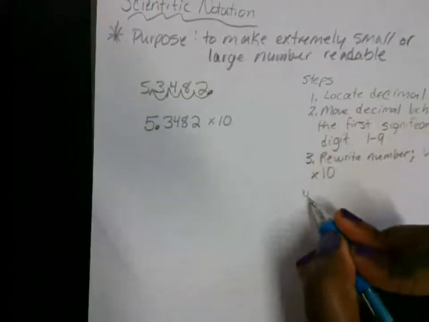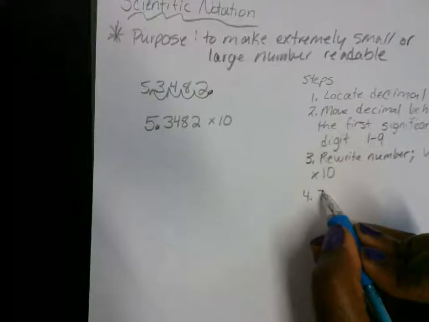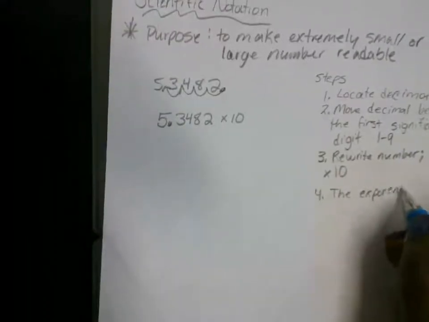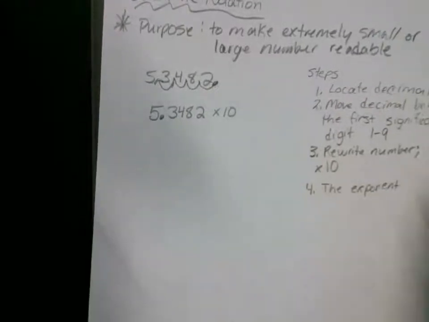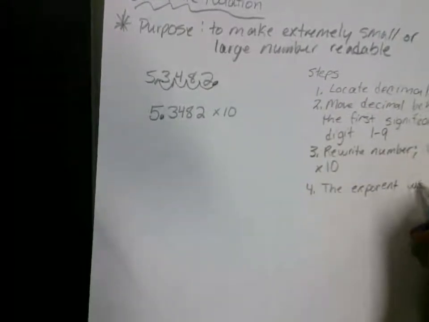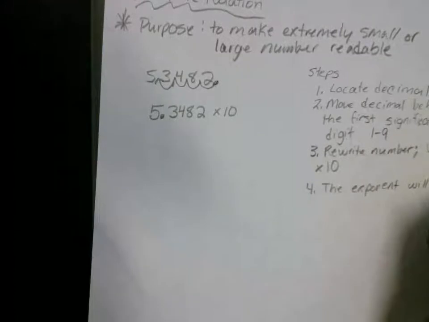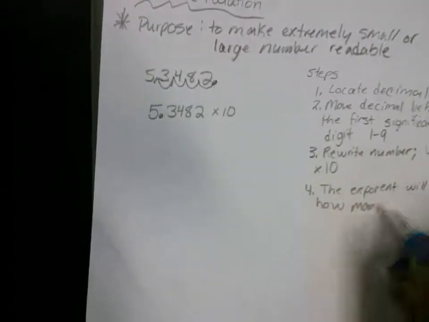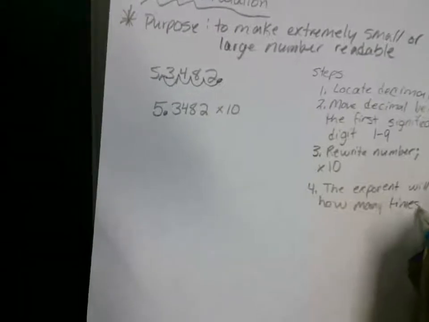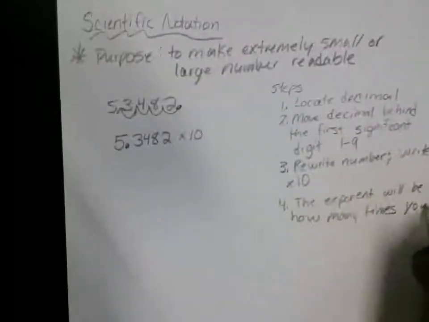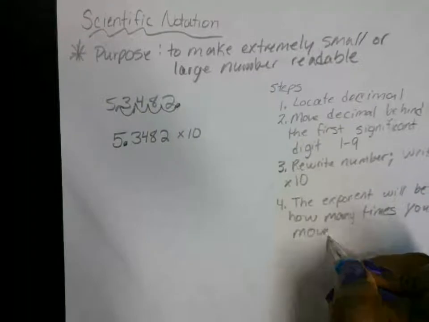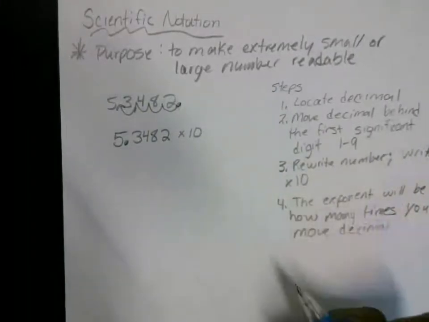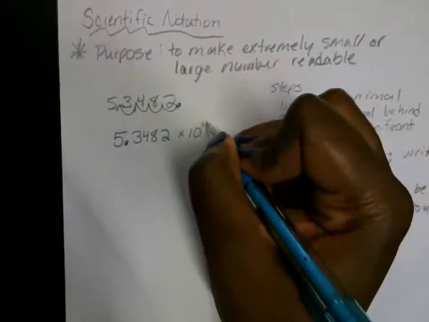So the exponent on the base 10 will be how many times you move the decimal. You move the decimal 4 times, so the exponent is 4.